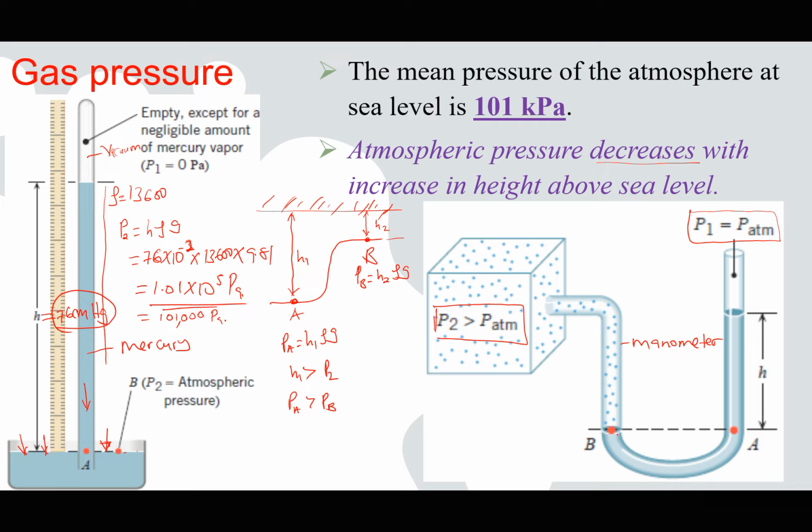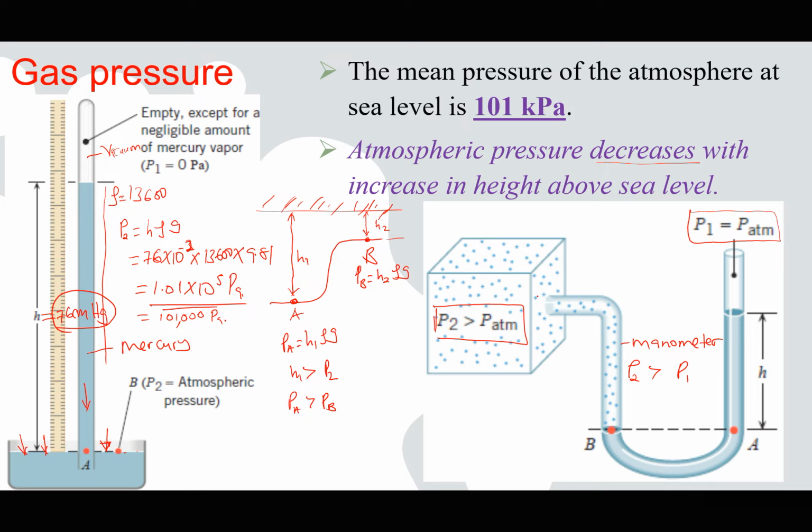So you notice that the liquid level on the left-hand side of the manometer is lower than the liquid level on the right-hand side of the manometer, which means the pressure on the other side, pressure 2, is greater than pressure 1.